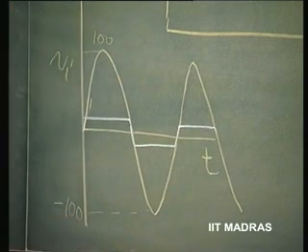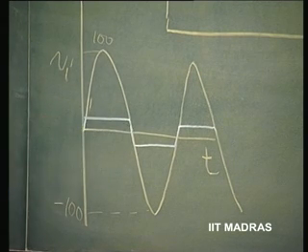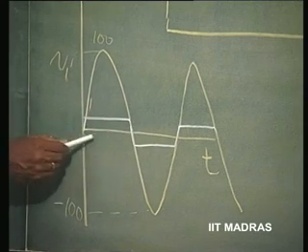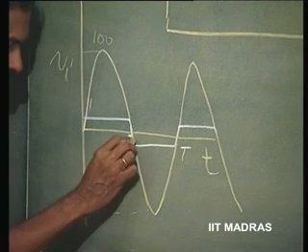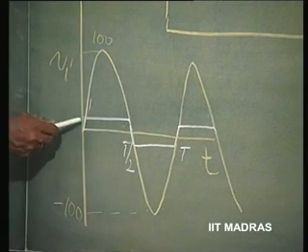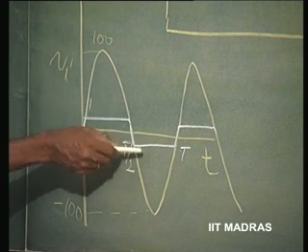I have already solved the problem partially. I would like you to find out the points at which this chopping off portion starts in terms of time. If this is T, this is T by 2, the time period. In terms of the time period, please find out at what point this chopping off portion will start.